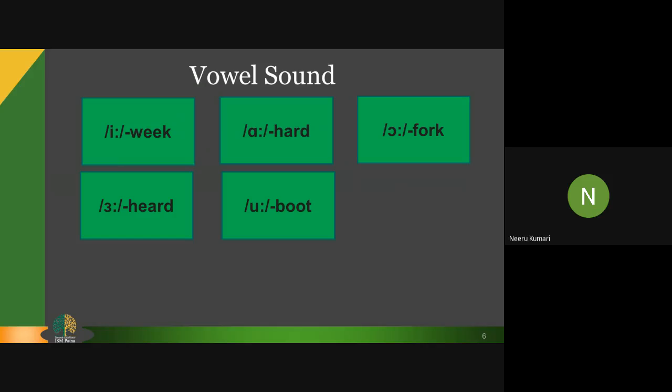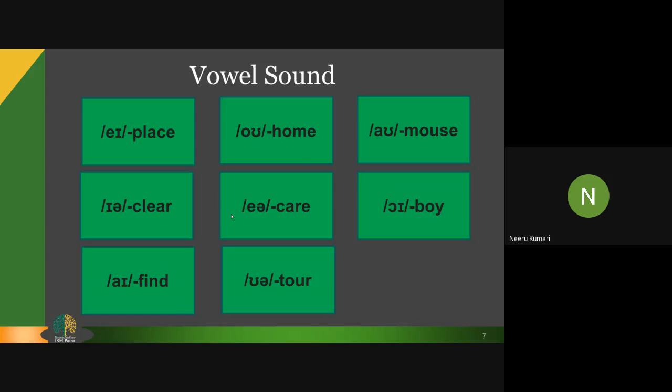So, weak, hard, fork, heard, boot. I hope each one of you is practicing along with my pronunciation so that you understand how we produce the different sounds. Now moving ahead, we are entering the third part of the vowel sounds.